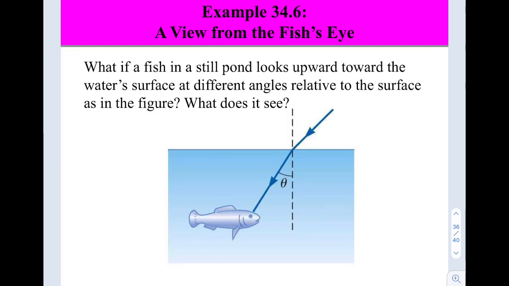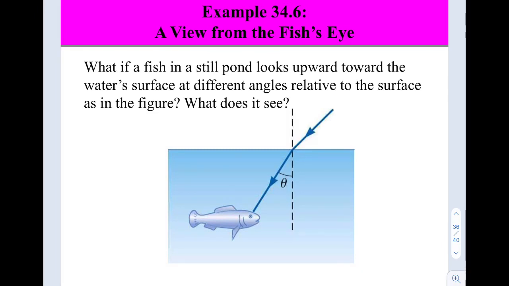What if a fish in a still pond looks upward towards the water surface at different angles relative to the surface, as in the figure? What does it see? Because the path of a light ray is reversible, and just now for total internal reflection the light moves from a high refractive index material to a lower refractive index material, for this case the light ray is reversed.